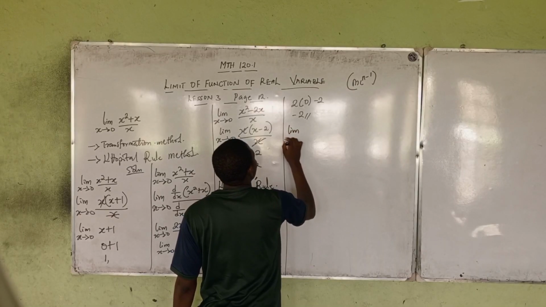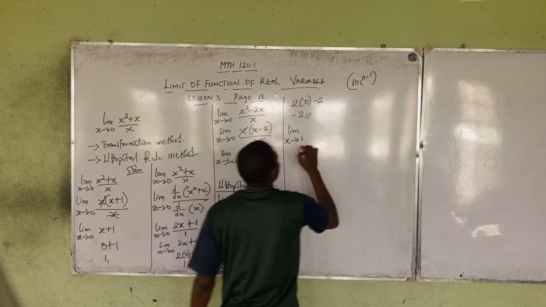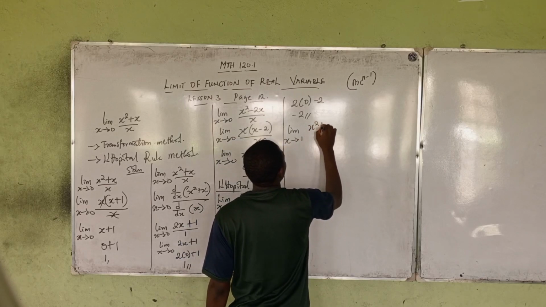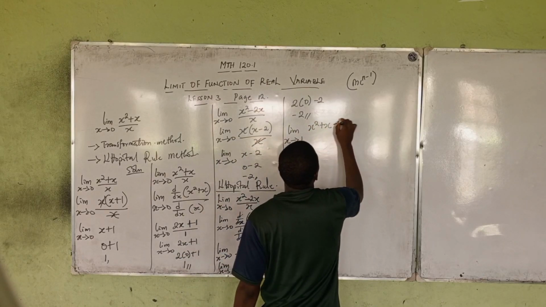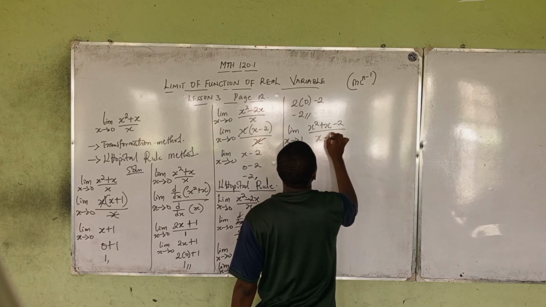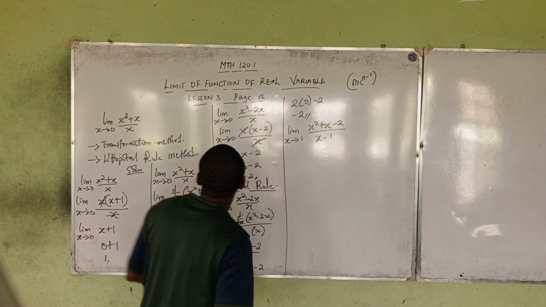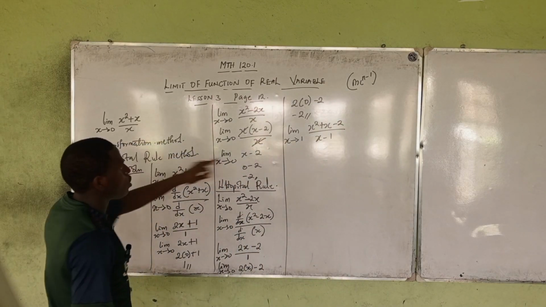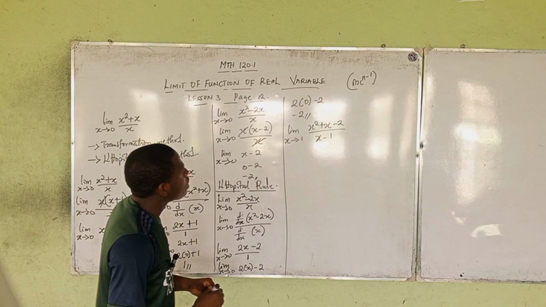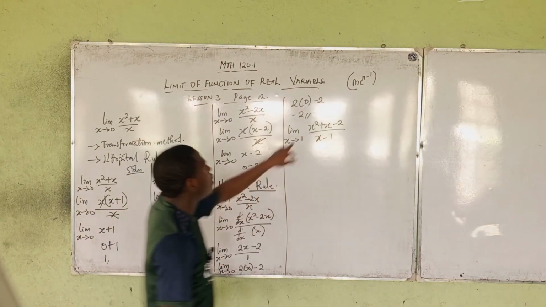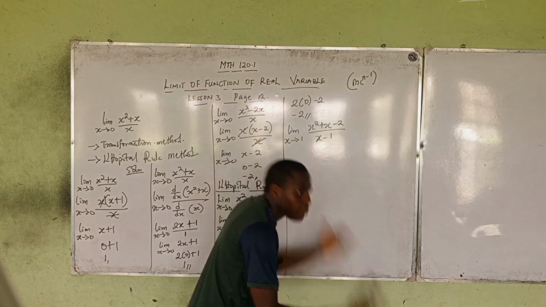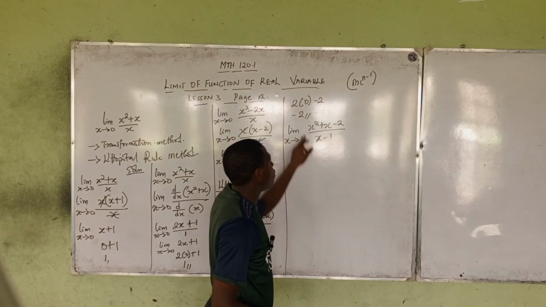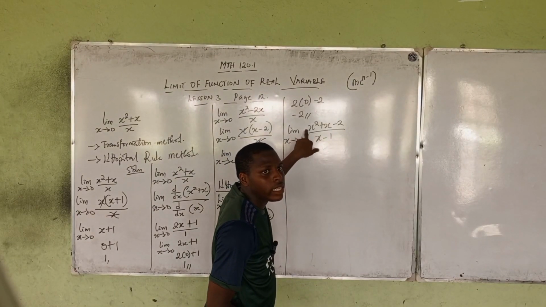Now, take the next one in your manual. The limit of x tending to 1 of the function x squared plus x minus 2 divided by x minus 1. Let's use the transformation method in solving this question. Now, using the transformation method, what is the first thing? Look at your numerator. Factorize your numerator, because you are having a quadratic equation.